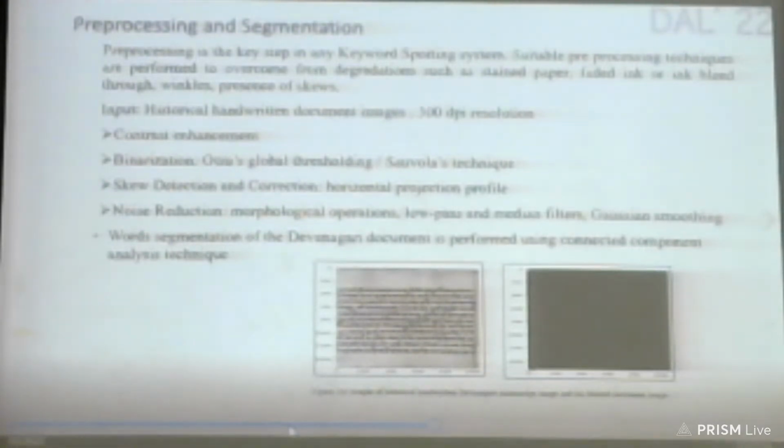For pre-processing, we have used contrast enhancement. We have performed binarization using a hybrid method combining both Otsu's global thresholding method as well as Niblack's technique. For skew detection and correction, we have used the horizontal projection profile method. Then for noise reduction, we have adopted morphological operations, low pass and median filters followed by Gaussian smoothing operations.